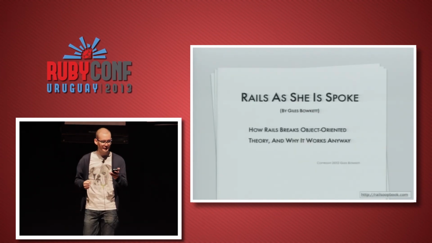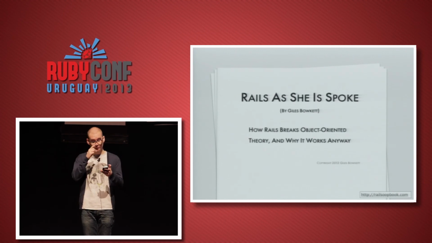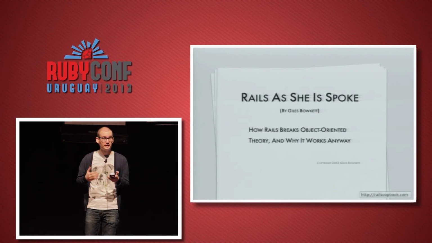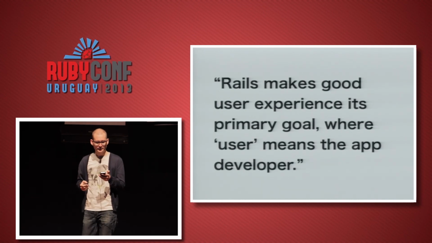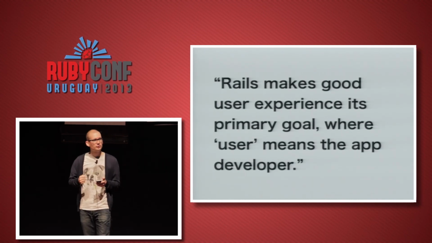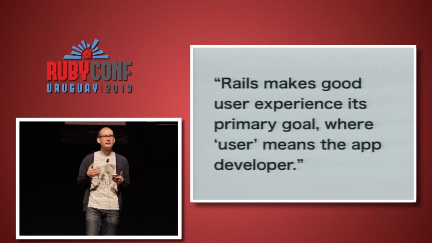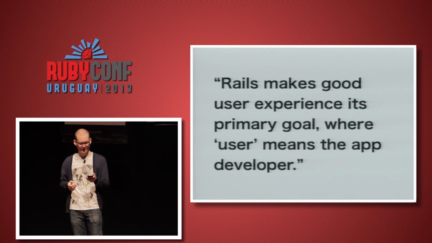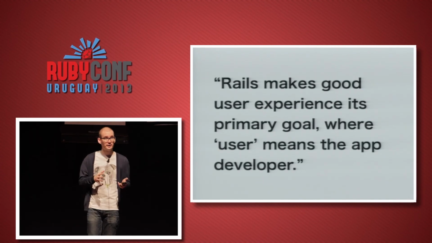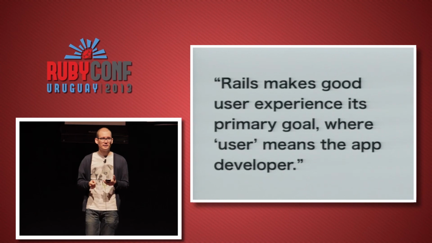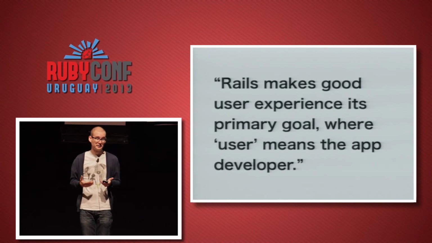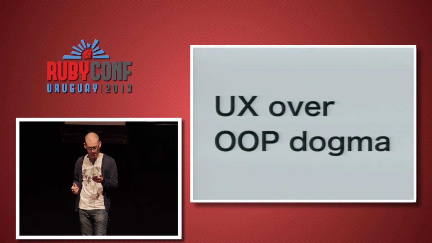Gilles Bouquet has recently published an ebook where he discusses this particular topic. As he explains, Rails makes good user experience its primary goal, where user means the application developer. The user experience of us, of the developers. Focusing on that is what makes Rails different, in my opinion at least.